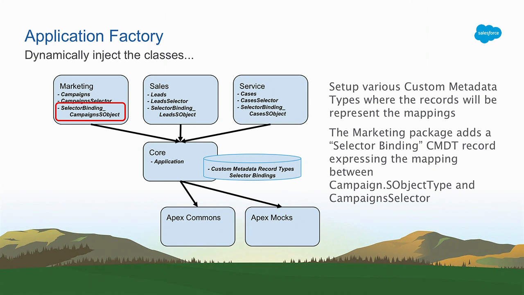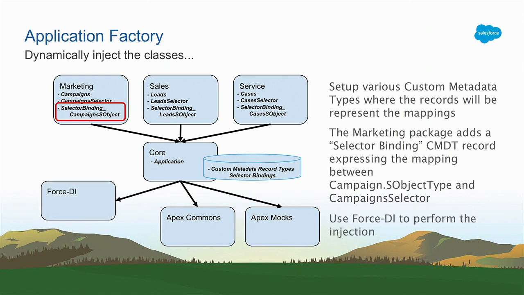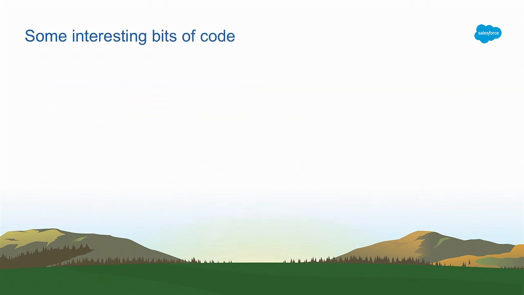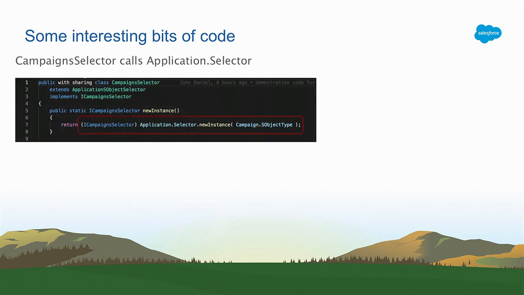In this case, it's the selector binding for the campaign SObject. That expresses the mapping from campaign SObject to campaign selector. Using the Force DI framework, we now can let the application factory inject, based on the information that it sees in the custom metadata record, the campaign selector.